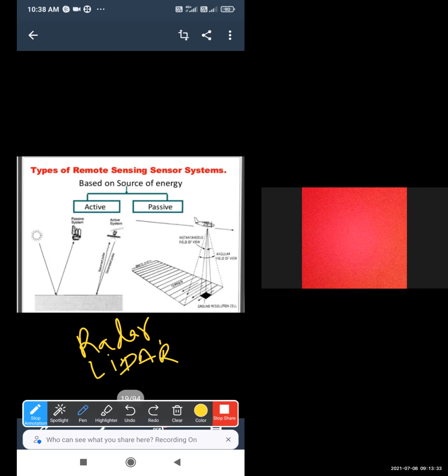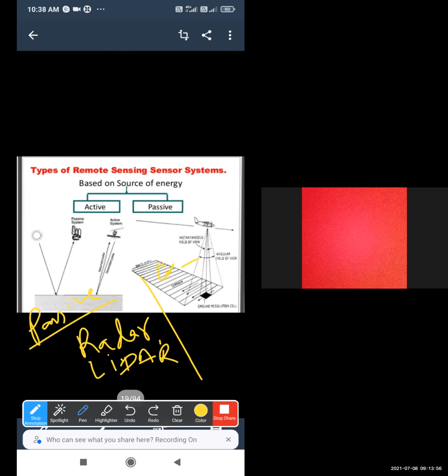LIDAR is also passive remote sensing. So active remote sensing: film photography, infrared, charge coupled device, and radio meter. These are the active.